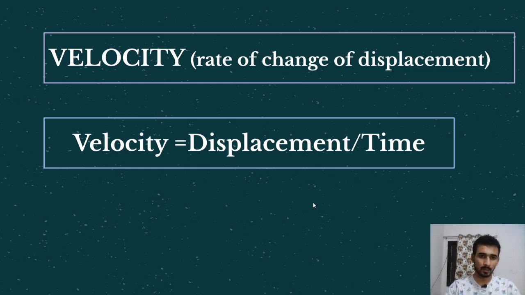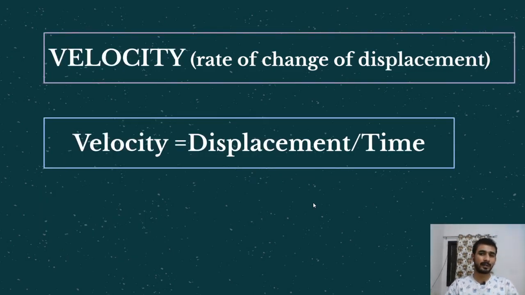If someone says go 20 meters, you will ask where should I go? That is distance. If I say go 20 meters north, then that is displacement, because you have your direction.